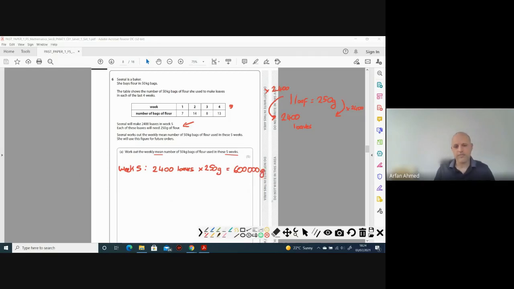That's in grams, because that was in grams as well. So that's how much flour she needs for week 5. How many bags would that be? Because we need the number of bags, not the number of grams.